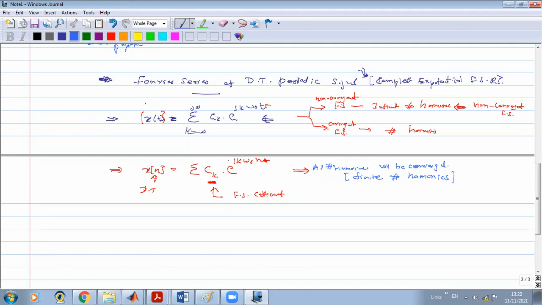This e to the power jk omega signal we call a harmonic. These are the fundamental signals, and sometimes we call these fundamental signals harmonics. I hope you can remember these terms. So can anyone guess why the Fourier series of all discrete time signals is always convergent? Anyone can imagine why?